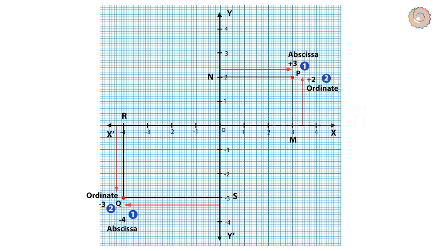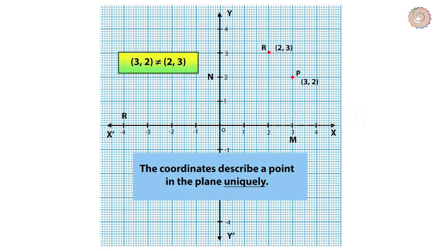In stating the coordinates of a point in the coordinate plane, the x coordinate, that is the abscissa, comes first and then the y coordinate, that is the ordinate. We place the coordinates in brackets, hence the coordinates of P are (3, 2) and the coordinates of Q are (-4, -3). Note that the coordinates describe a point in the plane uniquely. (3, 2) is not the same as (2, 3).